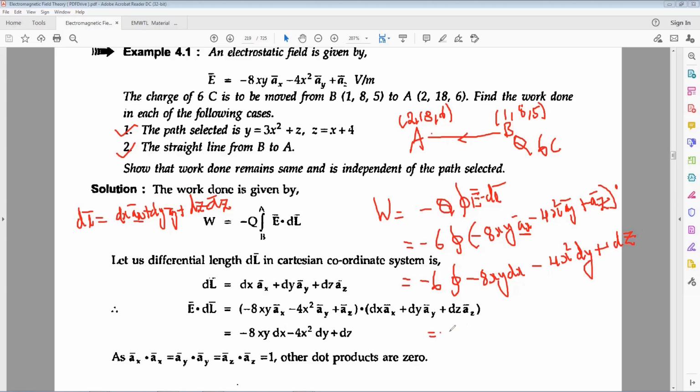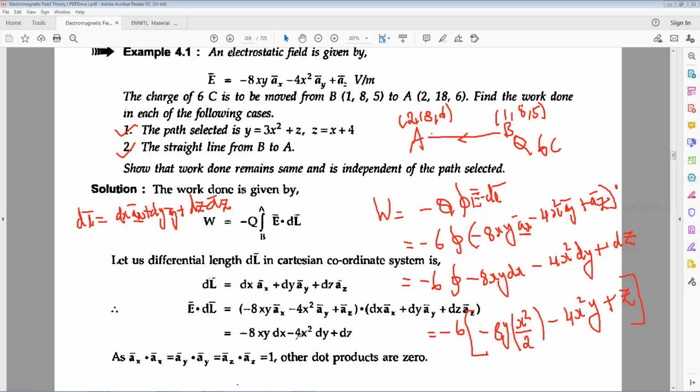Minus 6 into minus 8y times x square by 2, and minus 4x square, the integral of dy is y, plus integral dz, nothing but z.